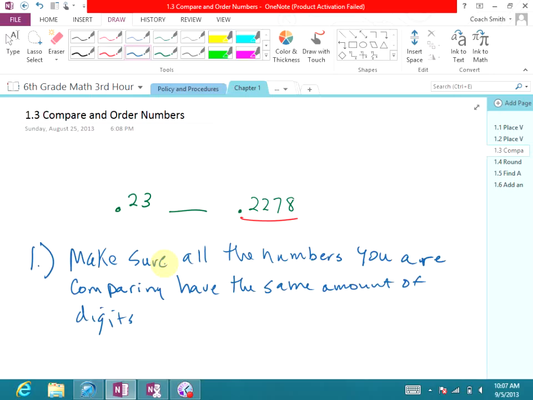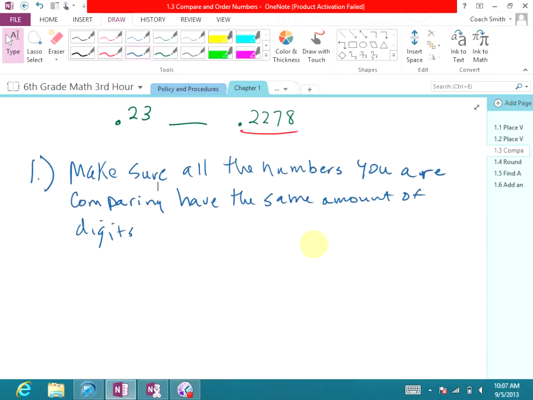So, if we were comparing those two numbers, 0.23 and 0.2278, I want to make sure that they have the same amount of digits. So 0.23, I would need to add 2 zeros to have the same amount of digits as 0.2278. Now that they have the same amount of digits, it's very easy to tell which one is larger.